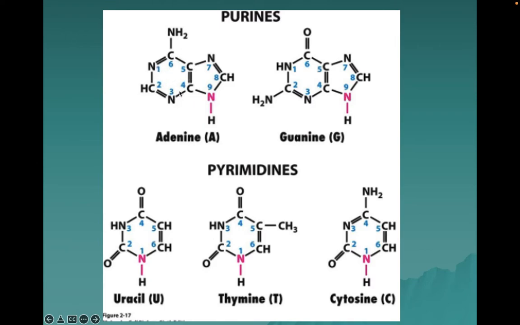So it's not just one circle in the middle, but 2 circles side by side. That's really the main difference. So somebody glanced at those molecules and decided to put them into these 2 separate categories. Purines have 2 structural rings, and pyrimidines have a single structural ring within their molecules.